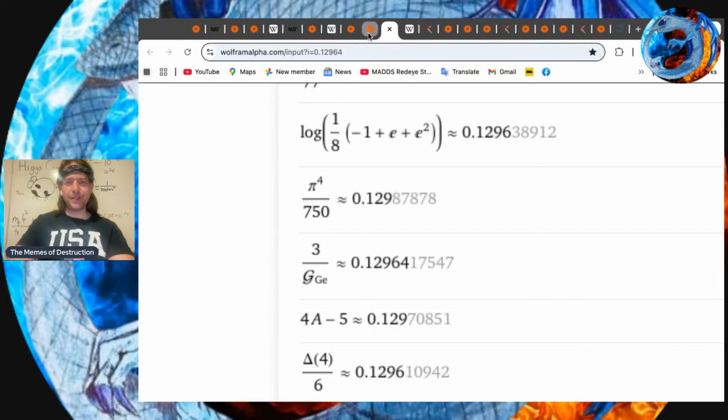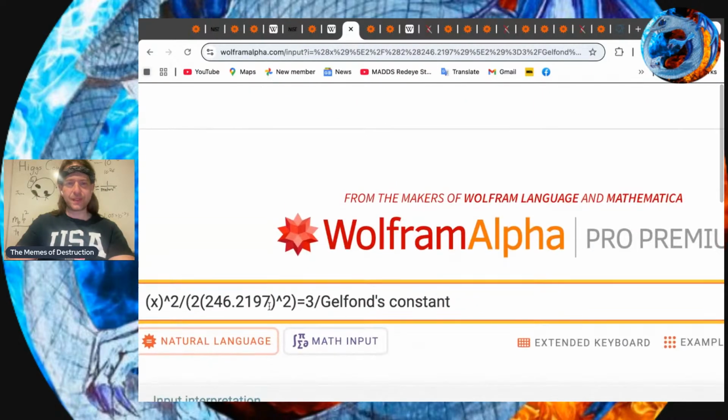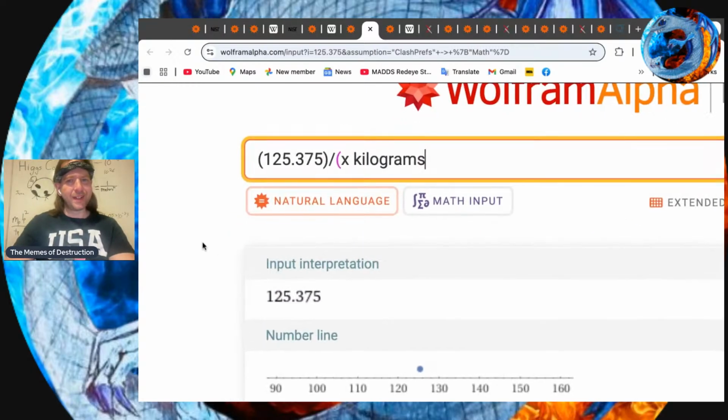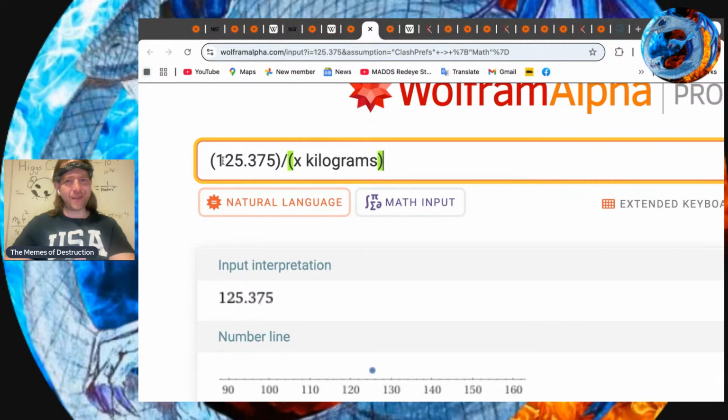So if this is accurate, I'll take this and we'll divide it. Now we're going to solve for x kilograms. Sorry, I'm just doing this because it's faster, because I know I'm going to make some mistakes. All right, square that. Let's set that equal to, we want the dimensionless. We just solve for x.